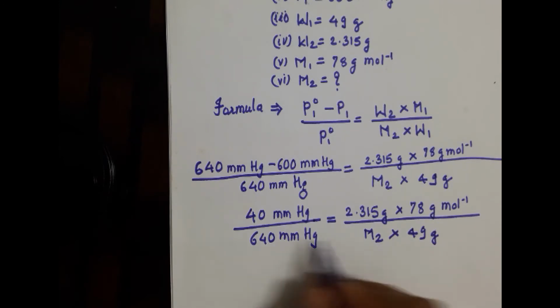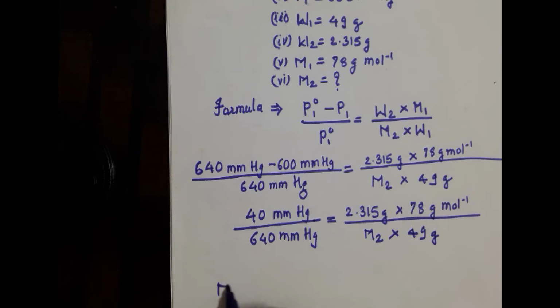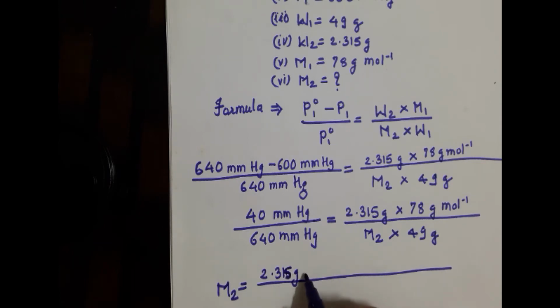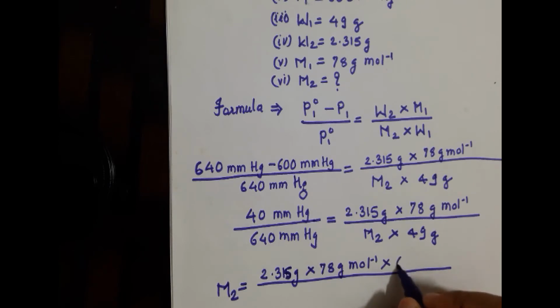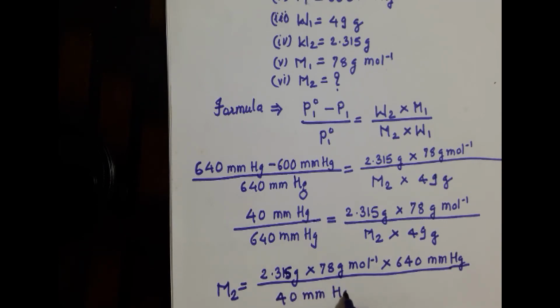Now we will take this M2 on the left hand side. So M2 is equal to 2.315 gram multiplied by 78 gram per mole multiplied by 640 millimeter Hg divided by 40 millimeter Hg multiplied by 49 gram.